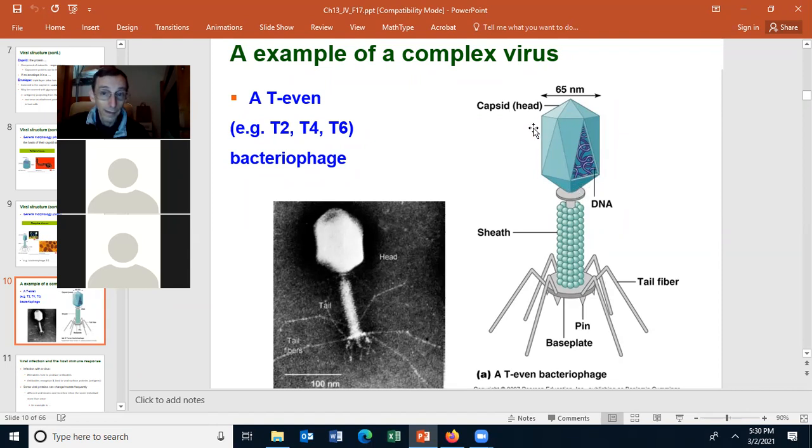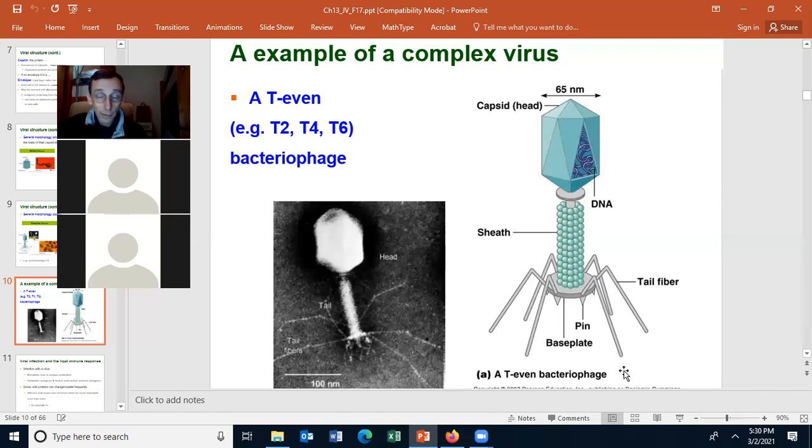There are different proteins in the head of the capsid than in the tail sheath, and then different proteins in the tail fiber, and we won't talk about the pin and the base plate, but that's part of the tail. In fact, all of this portion here is the tail. The head is only this portion here. And then the tail fibers, kind of like an octopus with 6 legs instead of 8 though.